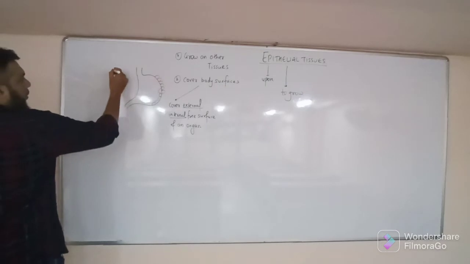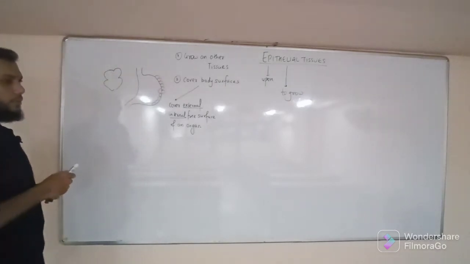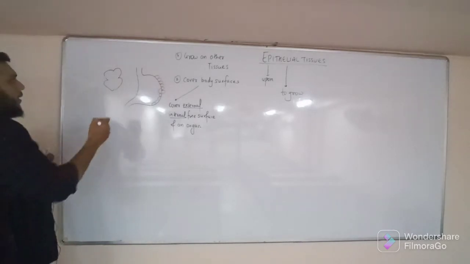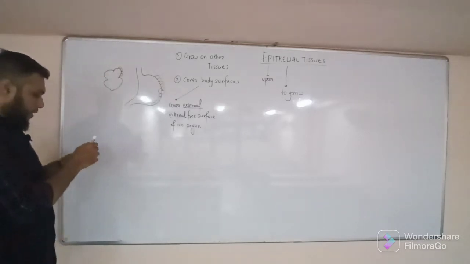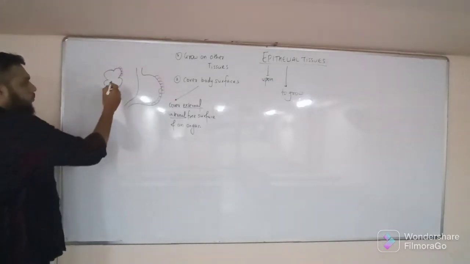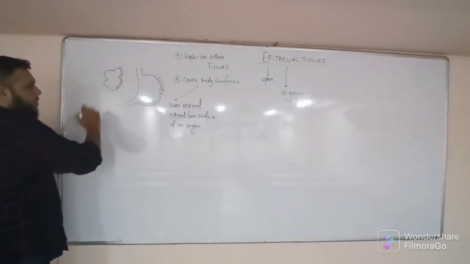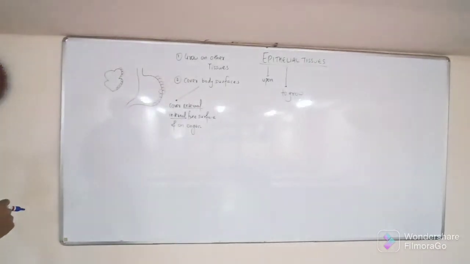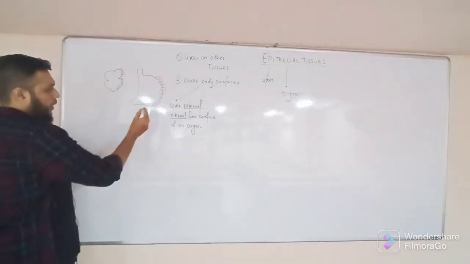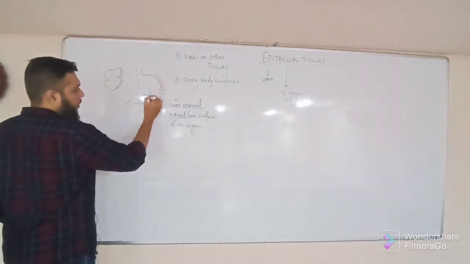Take another example of, say, the human heart, and you will find the epithelia covering the external free surface as well as the internal free surface. Now when the epithelia covers the internal free surface of an organ, the epithelia usually faces the body fluids.